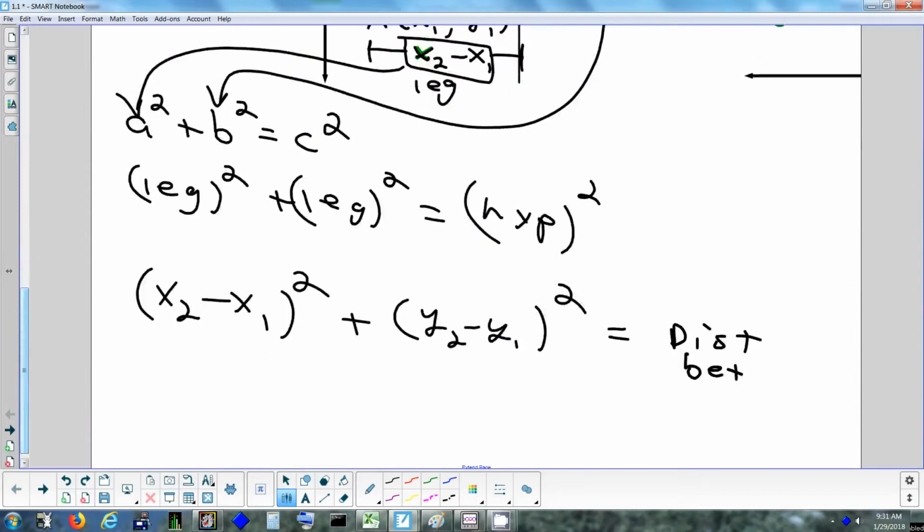So distance between A and B squared. Now, the goal here isn't really to get a formula for the distance squared. I would rather just have the distance. So what would I have to do to each side so I don't have the distance squared on the right? I just have the distance.